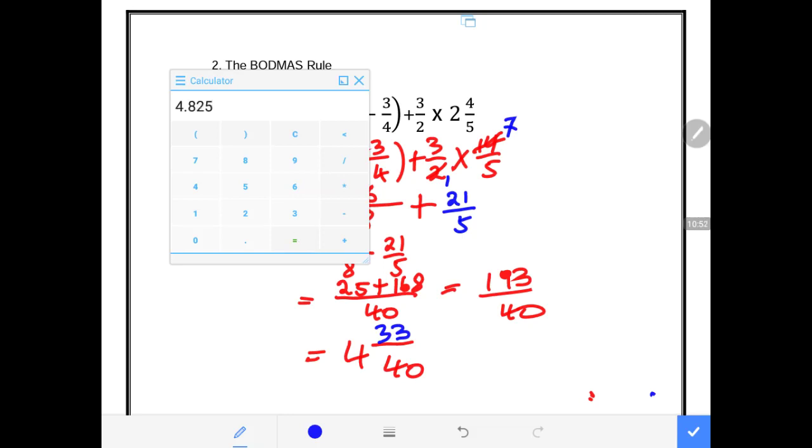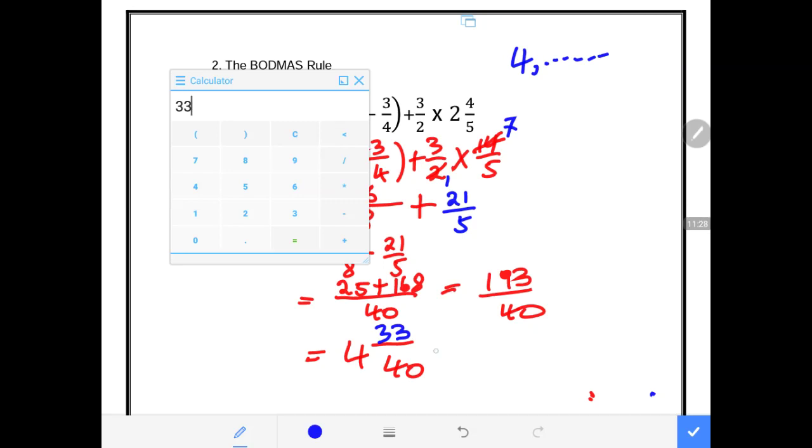It gave us 4 comma, that means it goes 4 times and leaves a remainder, a number less than 40. Therefore, how much is 4 times 40 first of all? 4 times 40 is 160, meaning that is how many times 40 goes into 193, and it leaves the remainder of 193 minus 160, the difference between 193 and 160, that means the remainder is 33.